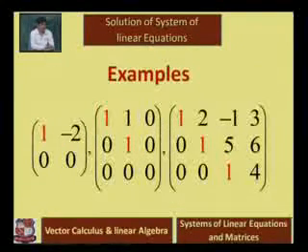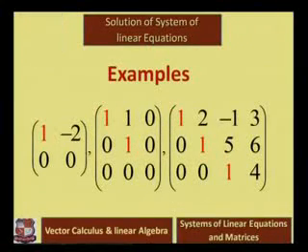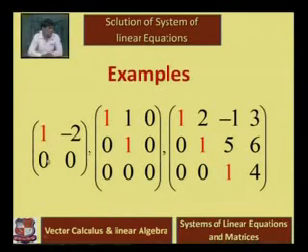Let us see some examples of the row equivalent form. In the first example, the zero rows are below the non-zero rows, and because of the second condition, in the non-zero rows the first element must be 1.